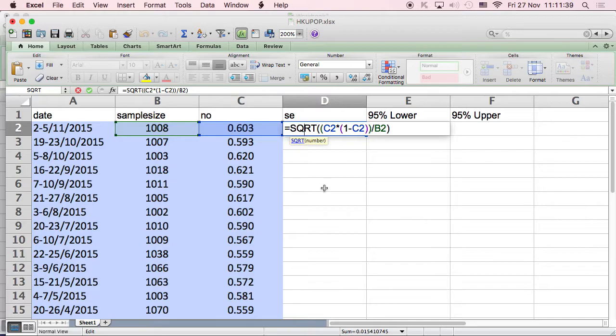I want to show you the equation again, which is something like this: square root of P times 1 minus P divided by n.